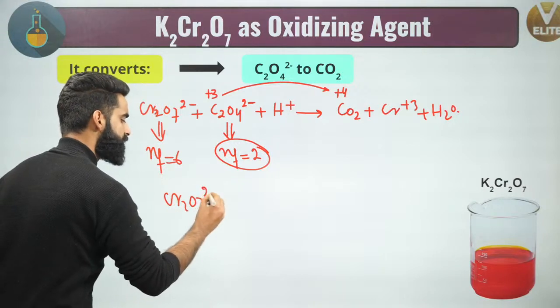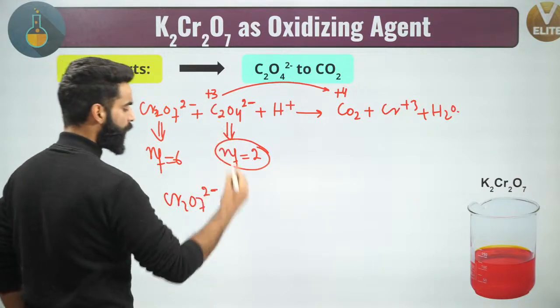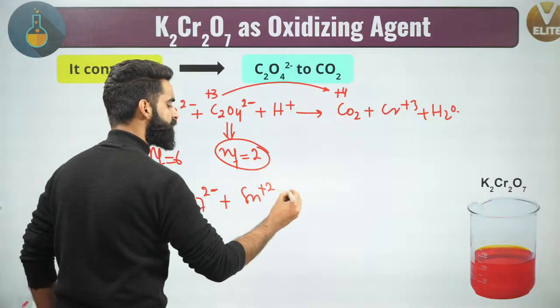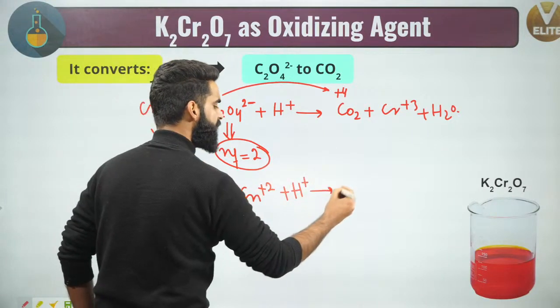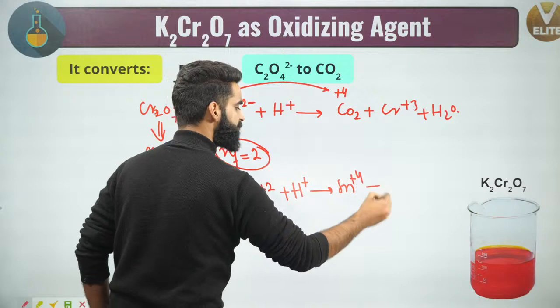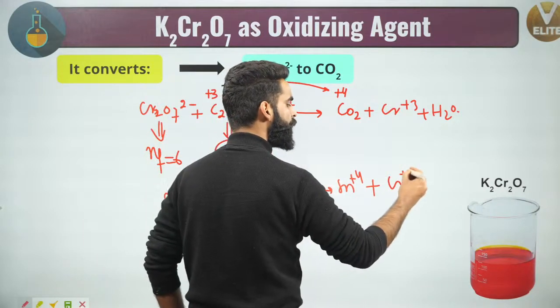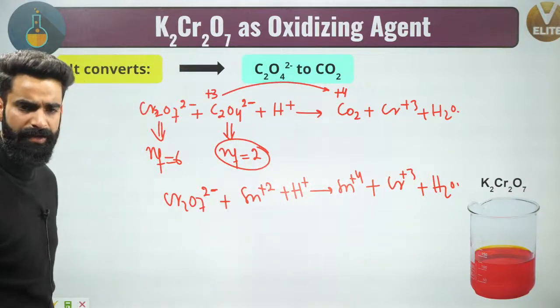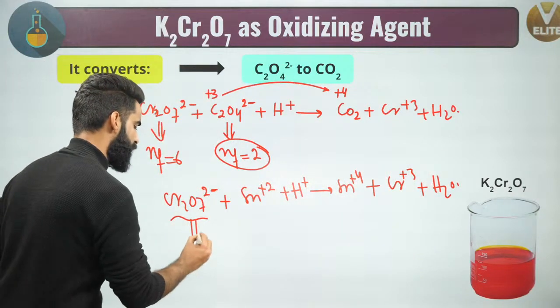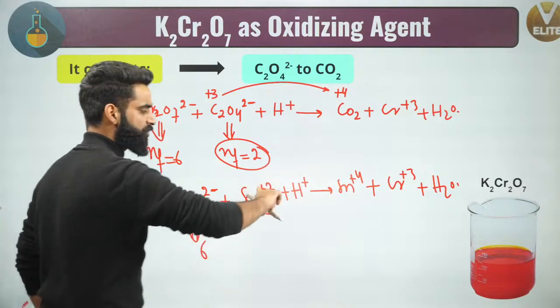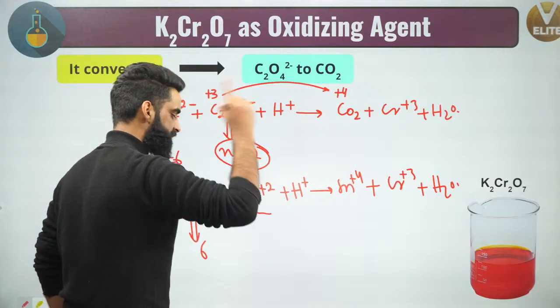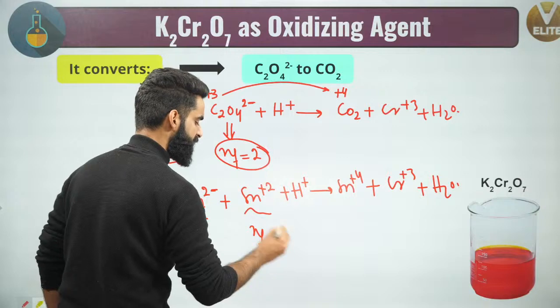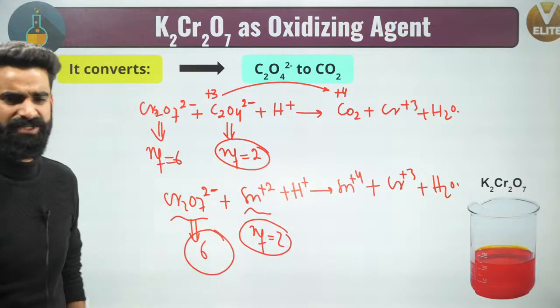Cr2O7 2- converts Sn2+ in acidic medium to Sn4+, and itself in acidic medium, we know it gets converted to Cr3+, and with this Cr3+, I'll be writing water as well. You can write the N factors. N factor of this right here is 6. N factor of this is going to be +2 to +4. Change in the oxidation state is 2. So its N factor right here is going to be 2. You can write the same reactions again and again.